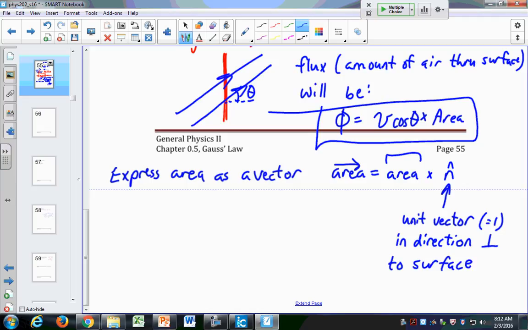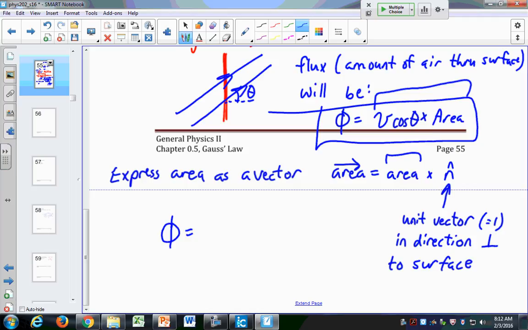So we can then come back to this and have an even more general expression for our flux phi. And you might have already come to this in your mind, because this might look familiar to you. I have the magnitude of one vector, times the magnitude of another vector, times the cosine of theta, the angle between them.